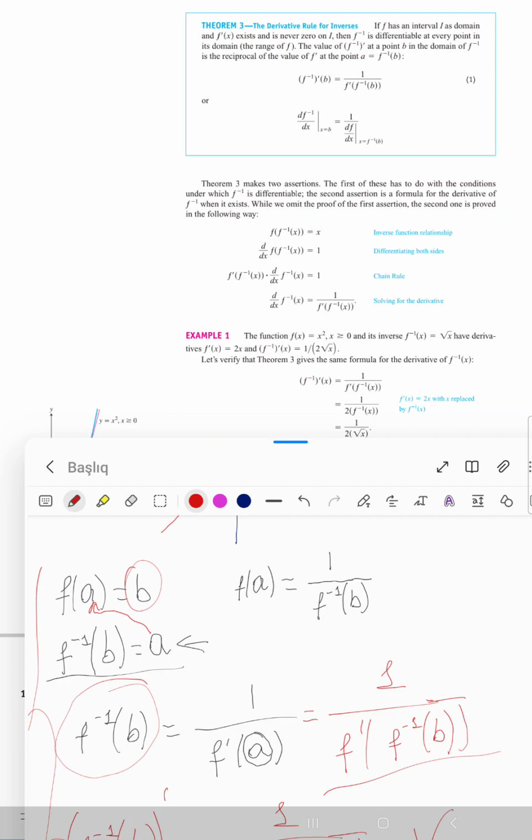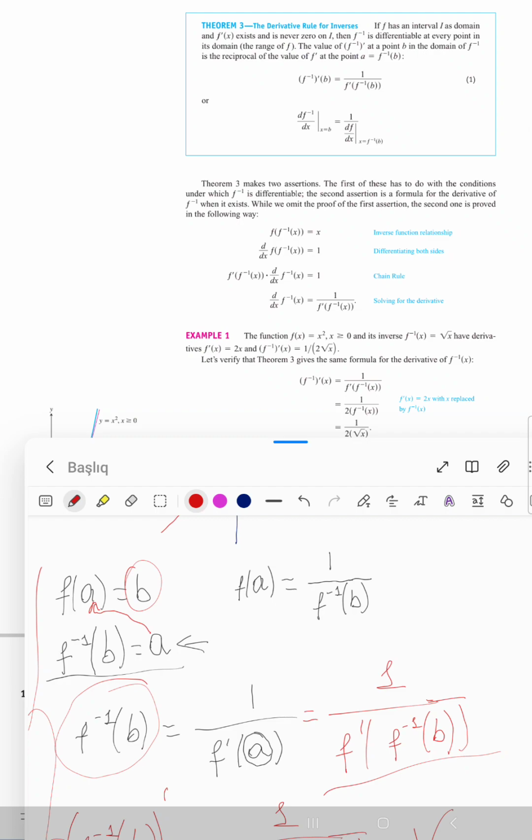To find the derivative of the left side, of course, from the chain rule we have to take the derivative of the outside function, f derivative, and also we have to consider d over dx f inverse x.